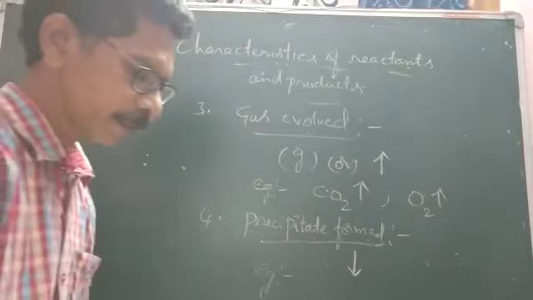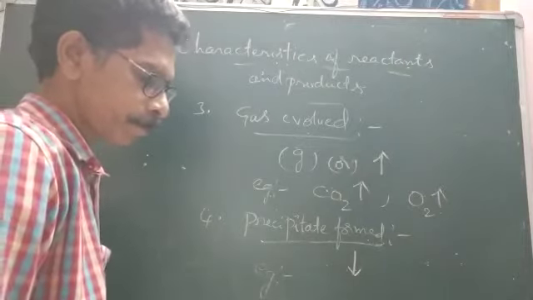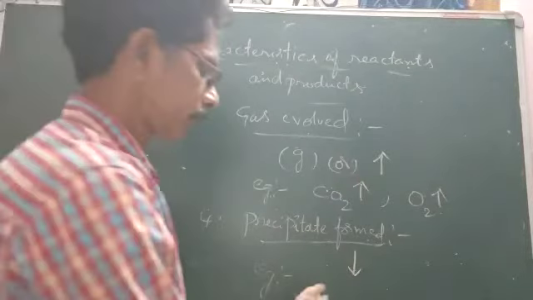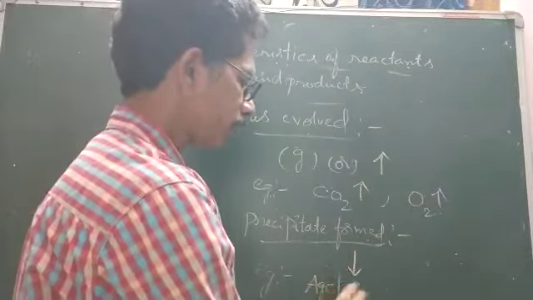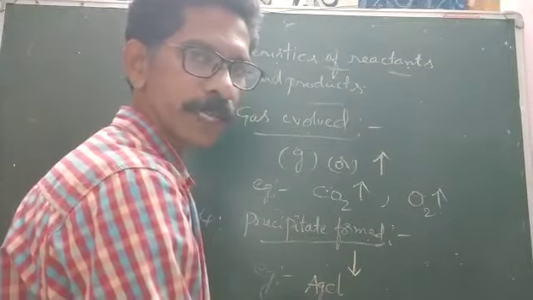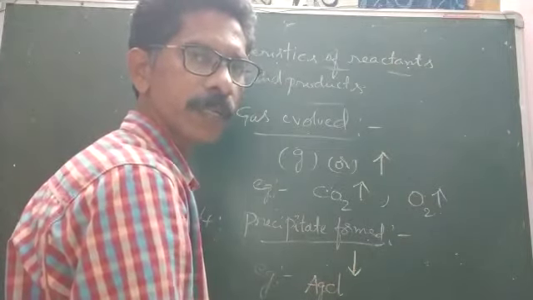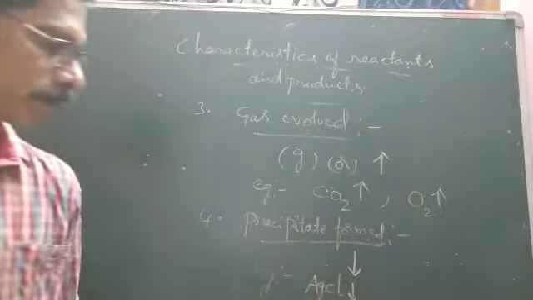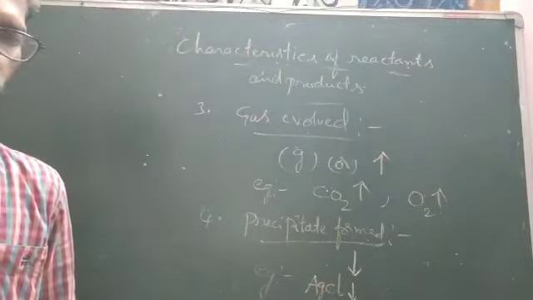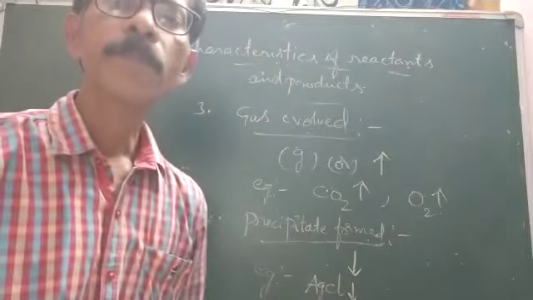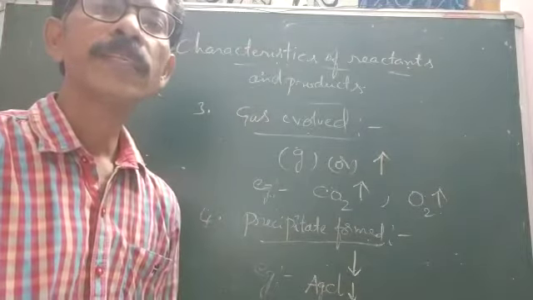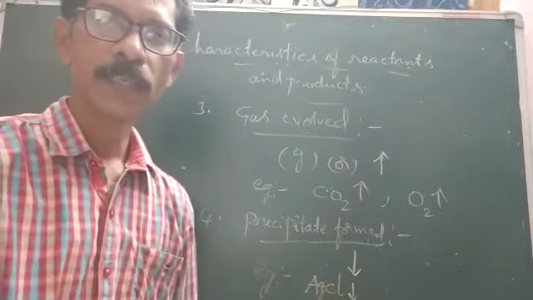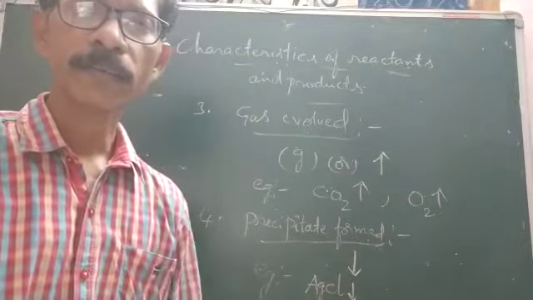Suppose silver chloride, AgCl. This one is a precipitate. Precipitate means nothing but solid. So like this, a downward arrow. Okay? Silver chloride, this one, that is a precipitate. Downward arrow means precipitate. AgCl means silver chloride.